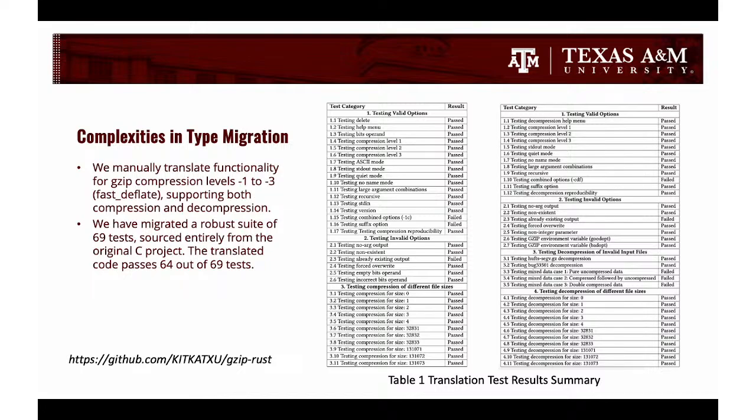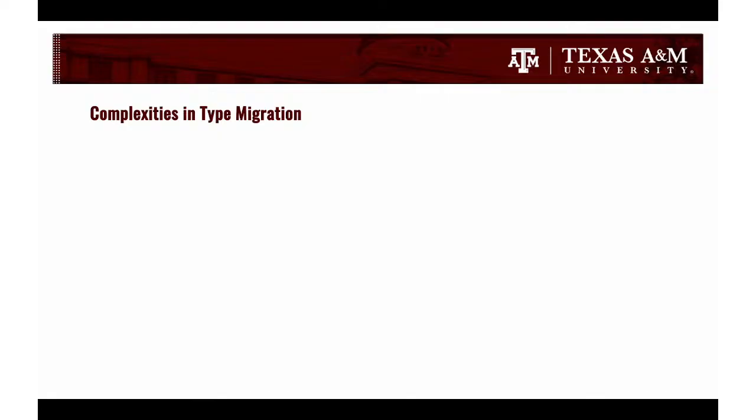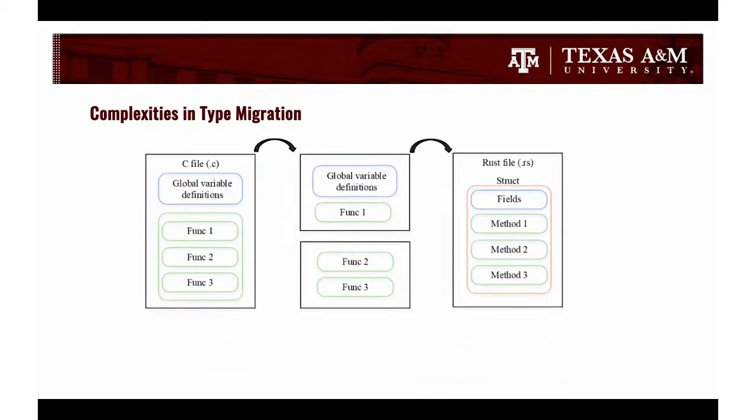The remaining failures were primarily due to differences in underlying libraries or system calls, or logic errors in the translation of internal functions. We also identified issues with multiple mutable references. As illustrated in the diagram, Rust discourages global variables to ensure memory and concurrency safety.